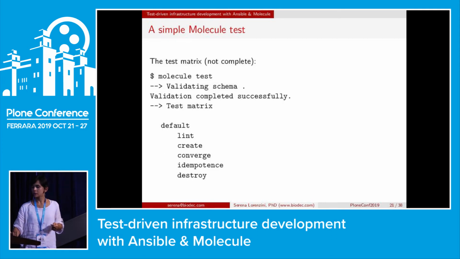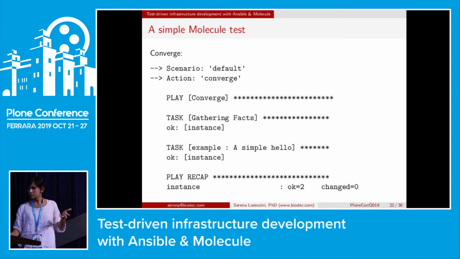Now, the test matrix that is more interesting for me is composed by these phases, okay? We can forget about the others. So we have the lint for those that like linting, creation of the instances, converge, so run this role, idempotence, run this role twice and check for changes that don't have to happen, and destroy the instances.